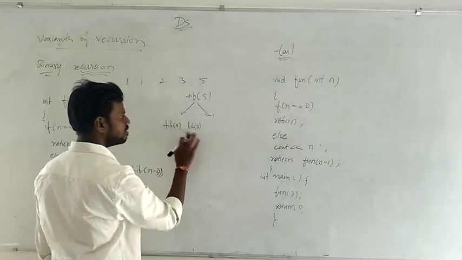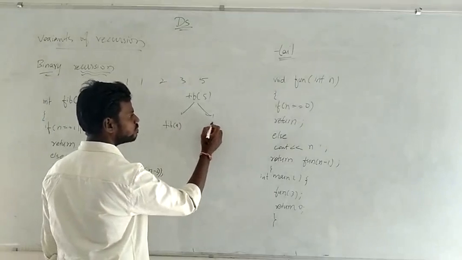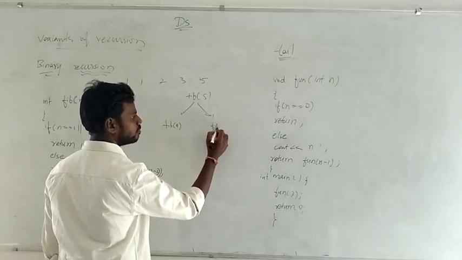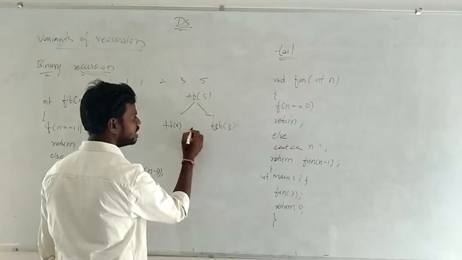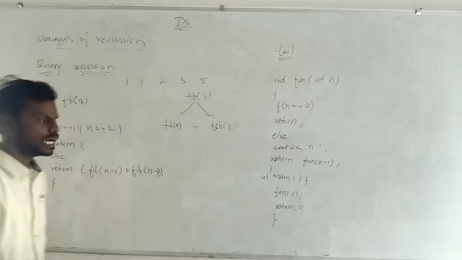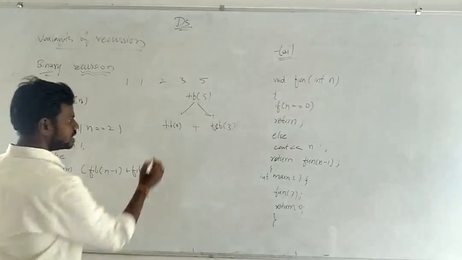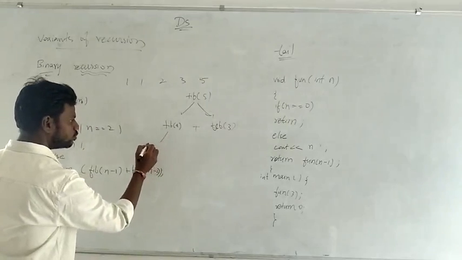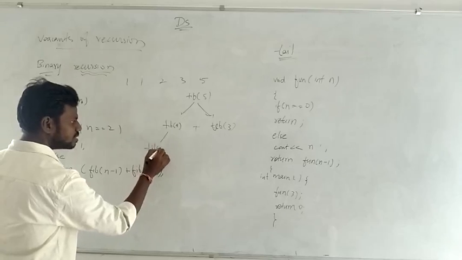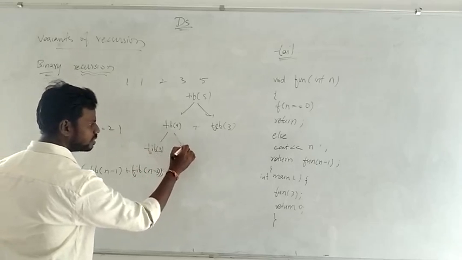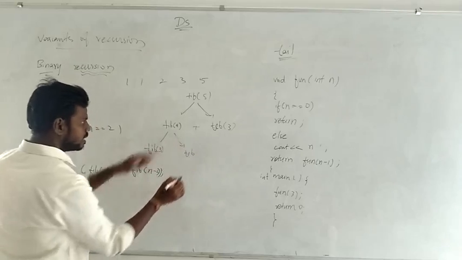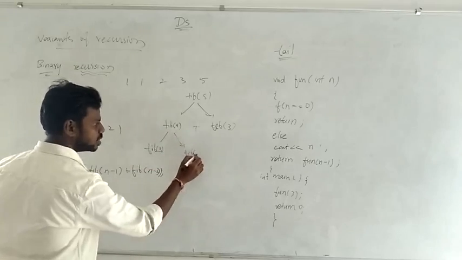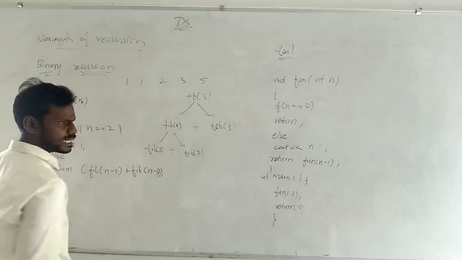Suppose I divide them into Fib 4 and Fib 3, and in order to do that we will have an addition. Then when I go for Fib 4, again in turn it makes two function calls, Fib of 3 and Fib of 2, n minus 1 and n minus 2, and I add that result.